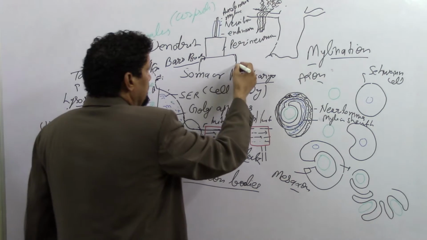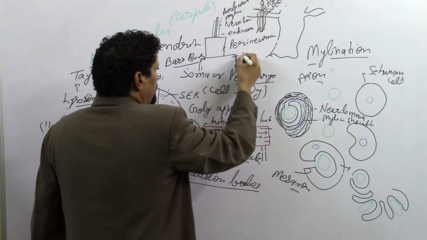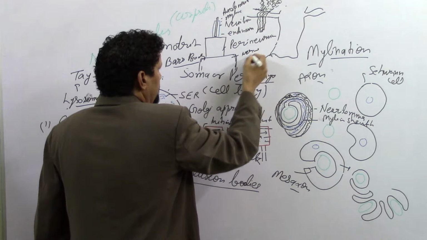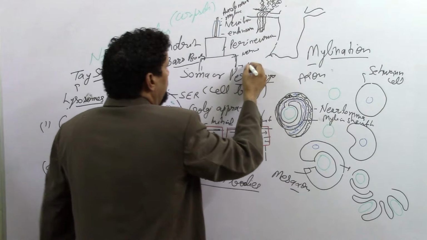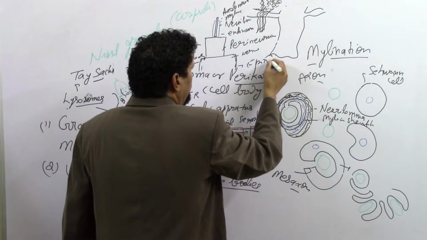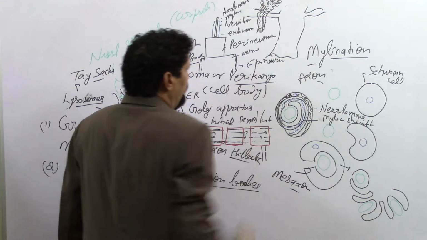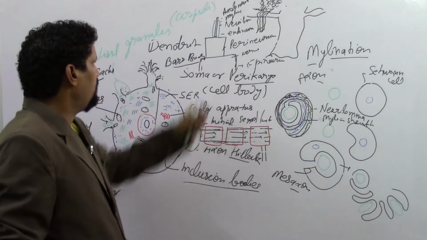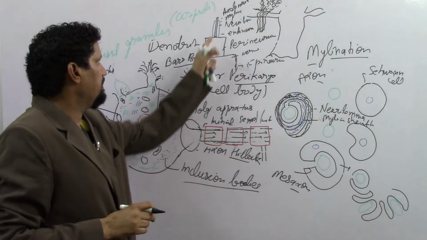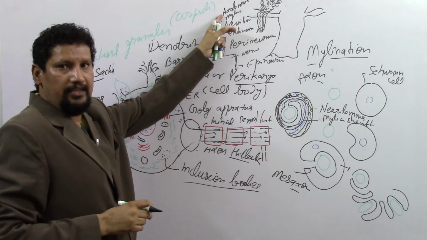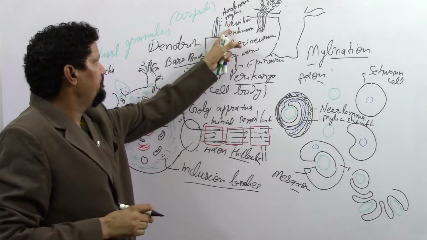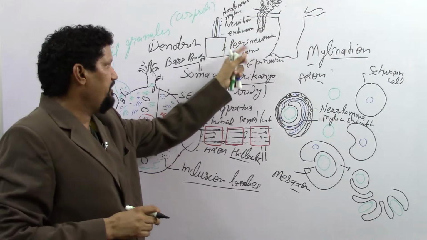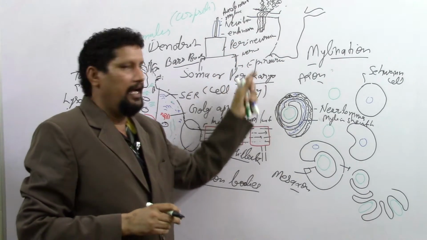This is known as nerve or trunk, and this is covered by epineurium. So we have seen the coverings of a single nerve fiber or axon: axolemma, myelin sheath, neurolemma, endoneurium, perineurium, and epineurium.